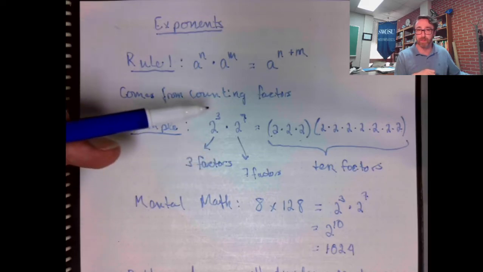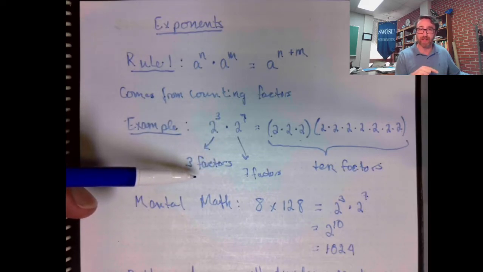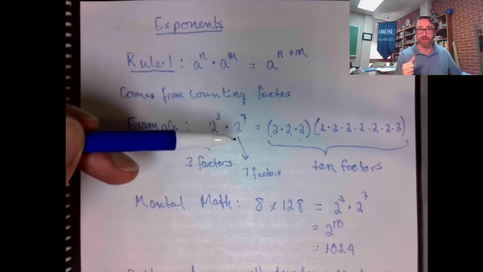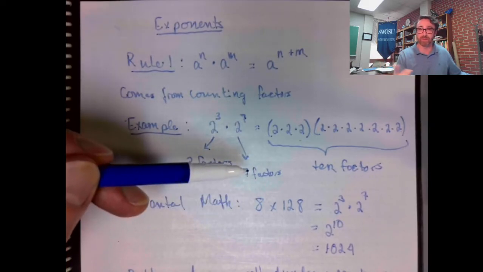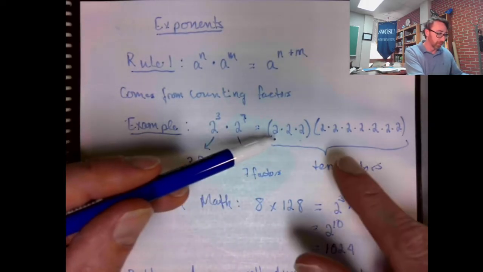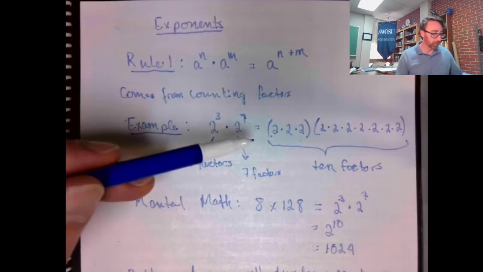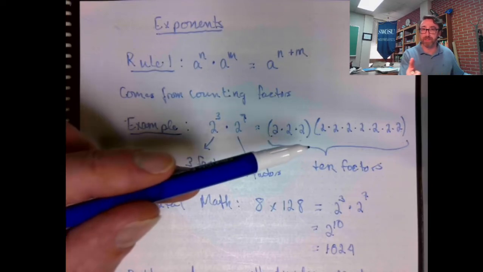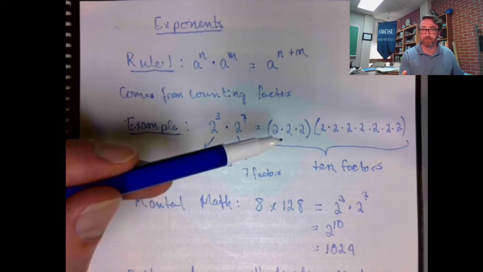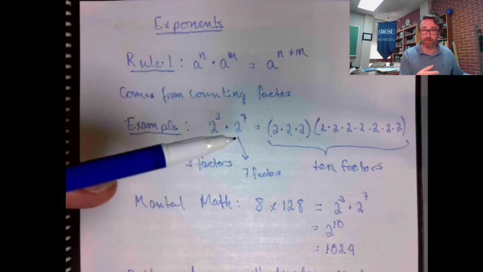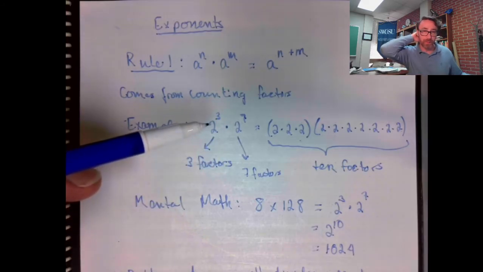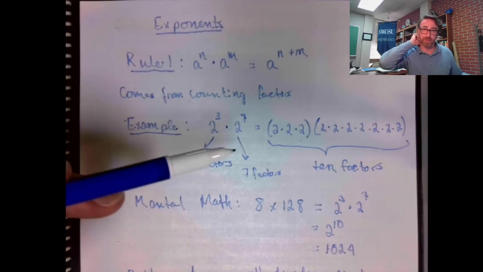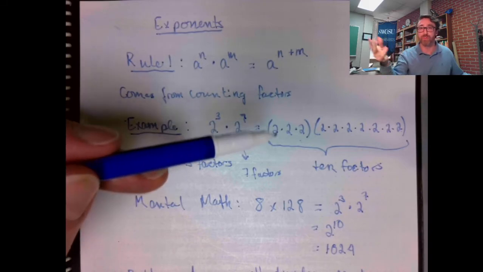So this part of the expression is going to have 3 factors of 2, and this part is going to have 7 factors. And we're multiplying them. By the associative property, we can basically ignore the parentheses right here. So we have 10 total factors. So 2 power 3 times 2 power 7 is 2 power 10.